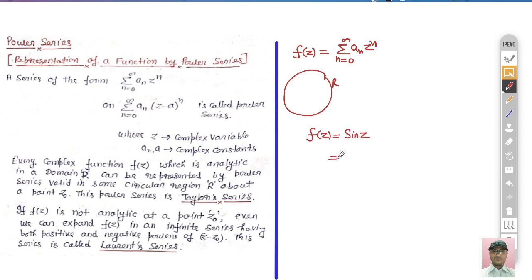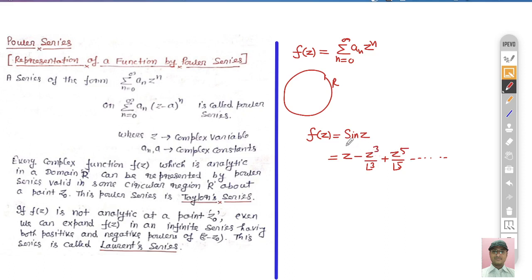You know the expansion of sin z: it is z minus z cube upon factorial 3 plus z raised to the power 5 by factorial 5, and so on. In this way we can expand it. This complex function is also analytic, and it can be expanded as a power of z.